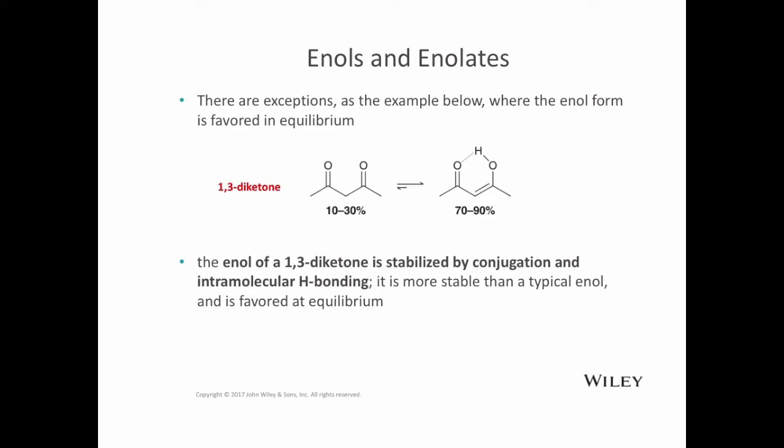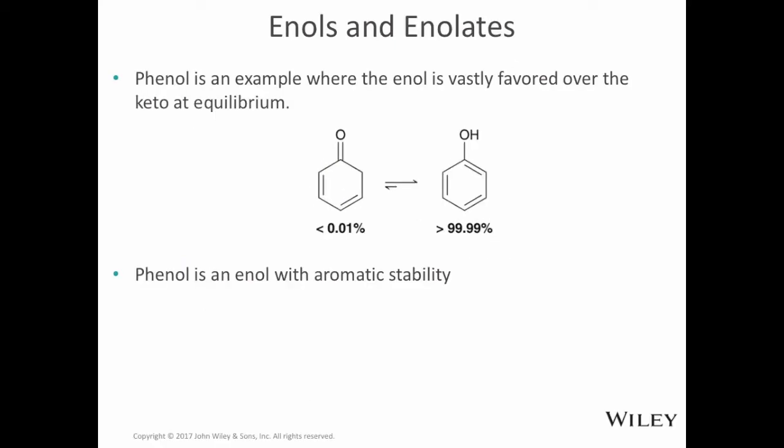So here, when we convert this ketone into its enol form, we get this structure, and the hydrogen on this oxygen can actually form an intramolecular hydrogen bond, which stabilizes the entire structure. And also, this pi bond is in conjugation with that double bond, adding additional stability.